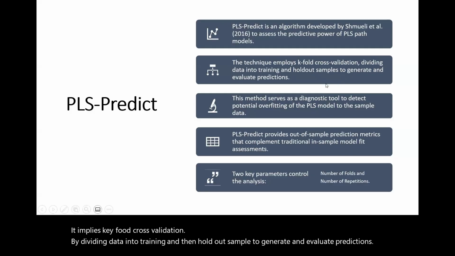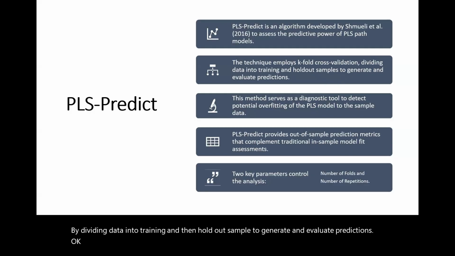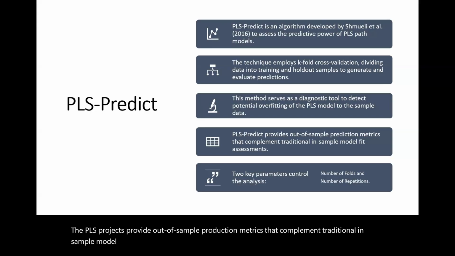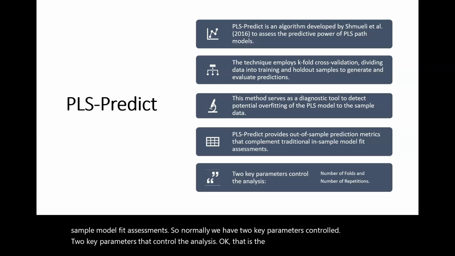This serves as a diagnostic tool to detect potential overfitting of the PLS model to the sample data. PLSpredict provides out-of-sample prediction metrics that complement traditional in-sample model fit assessment. Normally we have two key parameters that control the analysis: the number of folds and the number of repetitions.